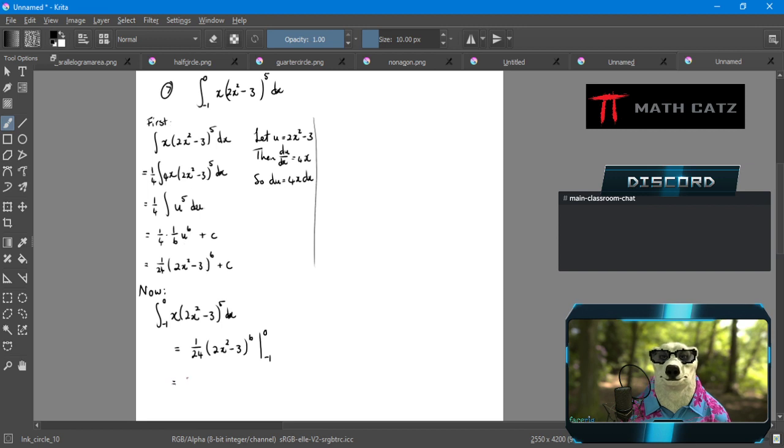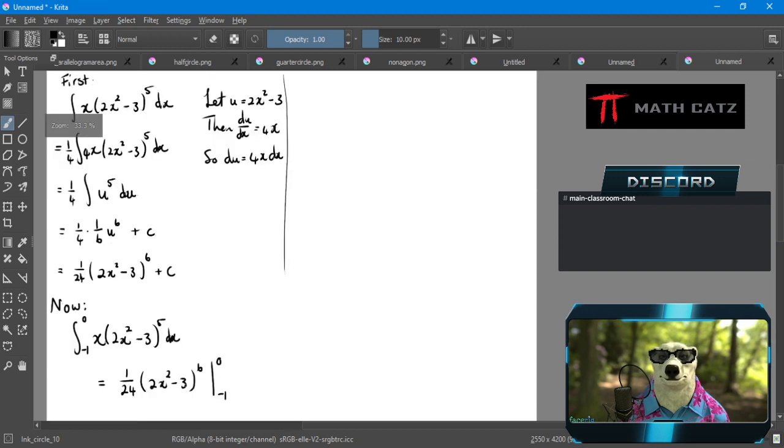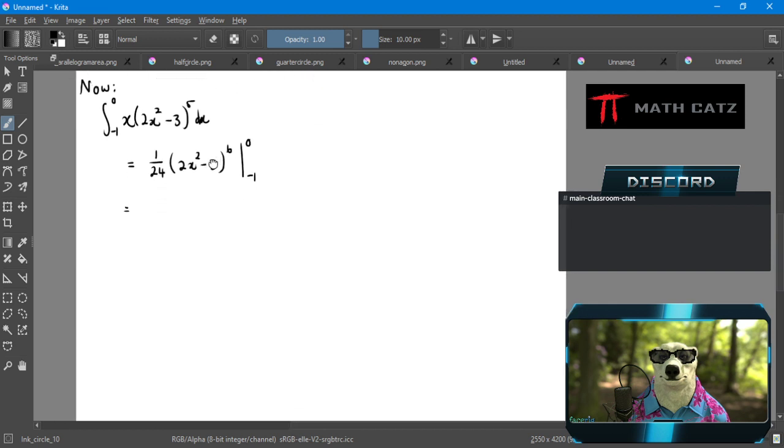I will emphasize once again that we are plugging it in. Plug in the top value, 2 times 0 squared minus 3 to the 6, minus, plug in the bottom value, whatever that may be, and then we will get the answer.